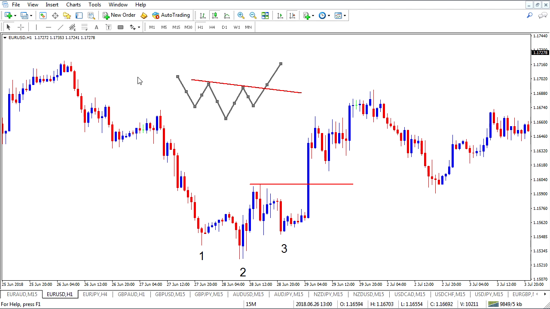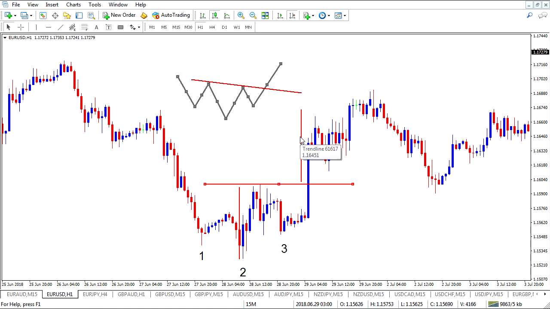And again, we could be looking at the distance between, just going to draw this out to the side, the neckline, and the head, which would be here, and extrapolate that as the market moves on.